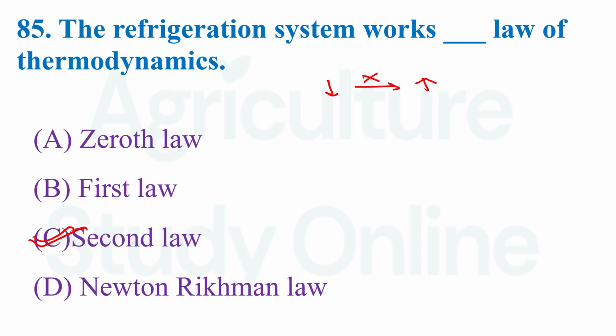So heat cannot flow on its own. Now external work is required to make this happen. And in refrigeration, basically, heat is removed from the lower temperature region, that is inside the fridge, and it is rejected to the higher temperature region, that is surrounding. So this requires a work input, and what is that? That is compressor.